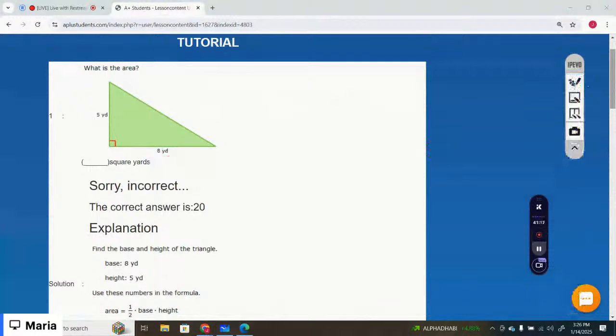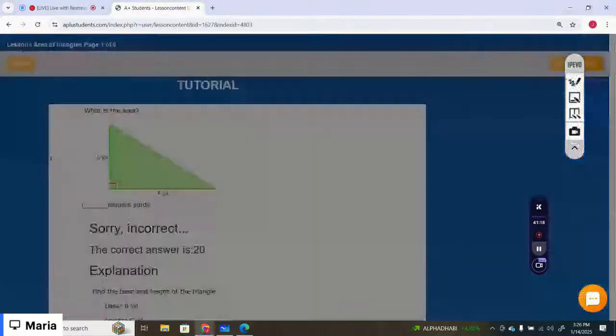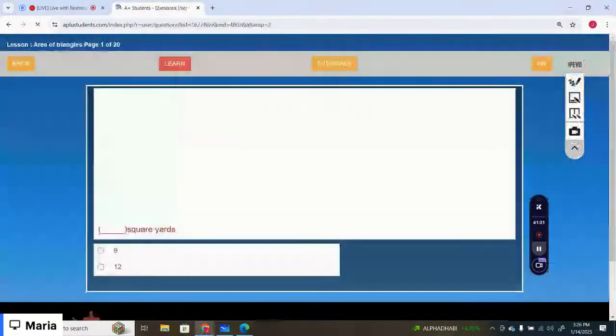Let's just start with the test questions. What is the area? Which is the correct option?